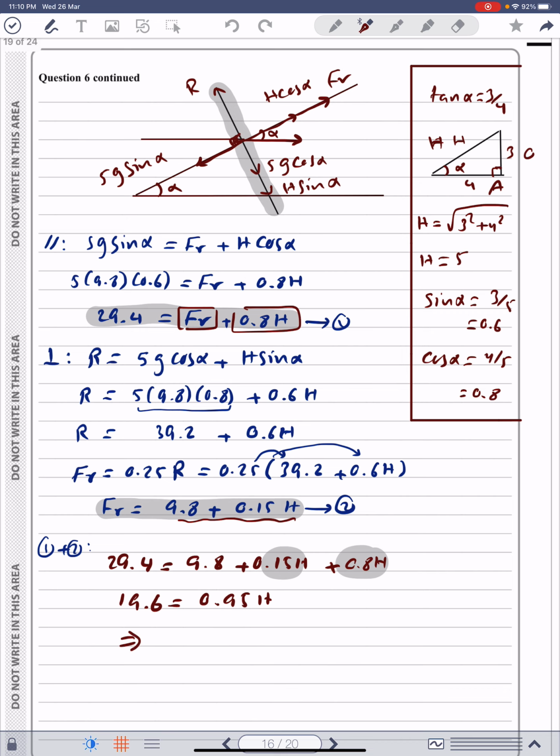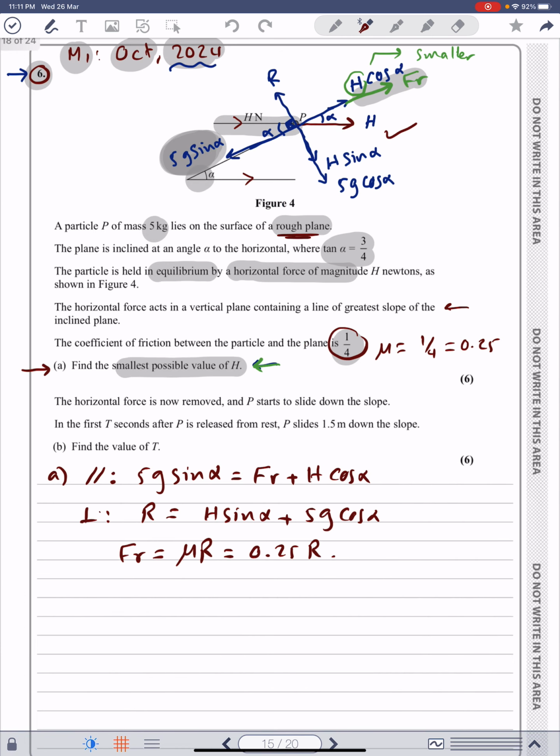So H is equal to 19.6 divided by 0.95, which to 3 significant figures is 20.6 newtons. Finishing and getting the 6 marks fully.